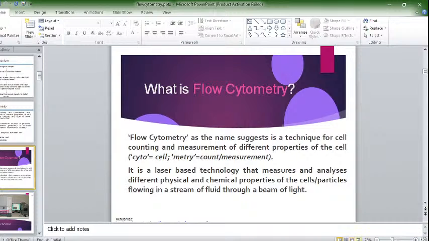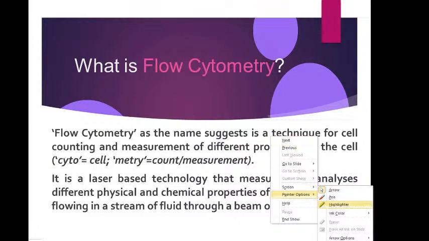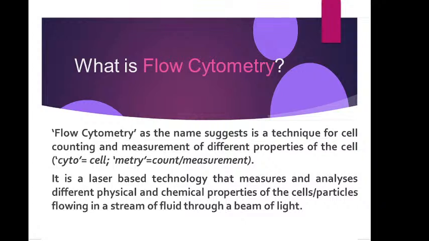So flow cytometry, as the name suggests, is a technique for cell counting. Cyto means cell, metry means counting or measurement, of different properties of the cell in the presence of a laser beam, or light.